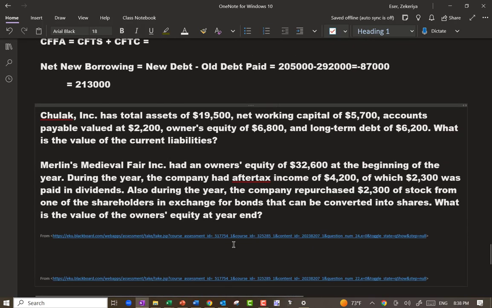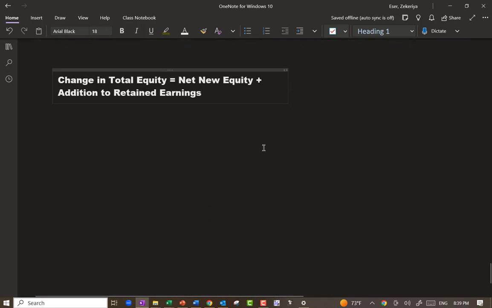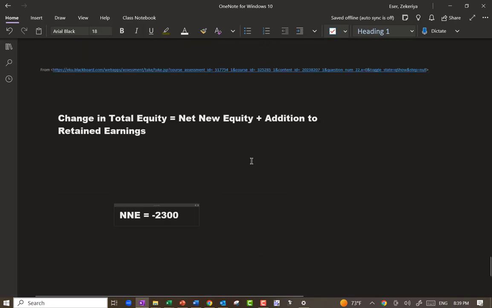Do you see any new shares being issued here, or all shares being purchased? Yep. So net new equity is what? Negative, right? So NNE is equal to negative 3,200.